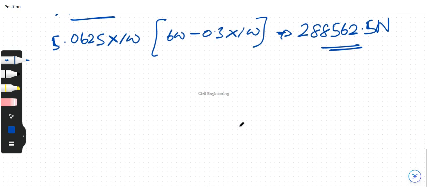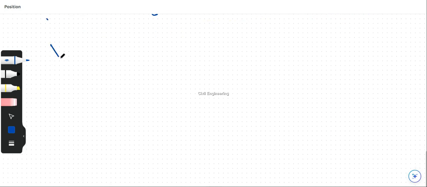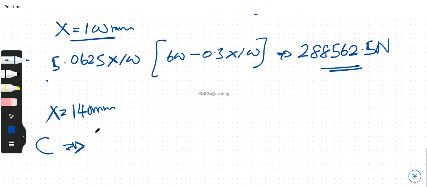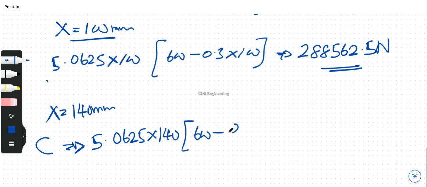Okay, let's find for x equals 140. Then the compressive strength is equal to, by using this equation, 5.0625 into 140 into 600 minus 0.3 into 140.